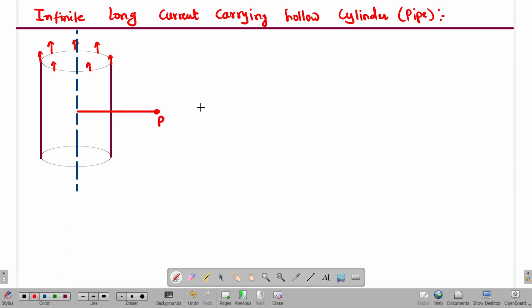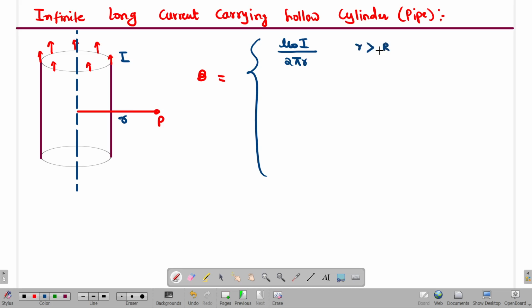So if I want to find B, I can directly apply simple Ampere's law. First case: the current enclosed is the total current I, so mu naught I, and if this is radius r, the Ampere loop has length 2 pi r.